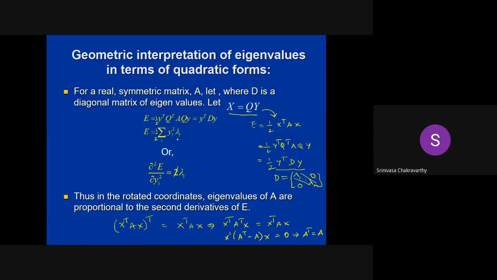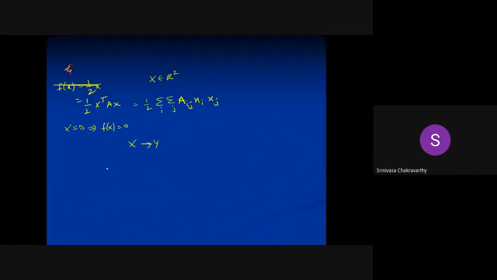What is nice about this expression is that when you go to y, E as a function of y will simply be the sum of lambda i times yi square. So in 2D, since y is in R2, E of y1, y2 is equal to lambda 1 y1 square plus lambda 2 y2 square. Now this is a very simple function to visualize.